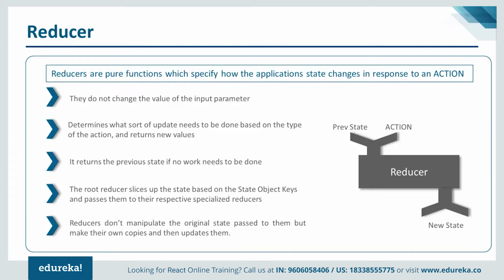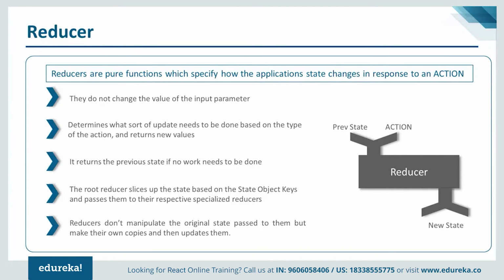First of all, this is a very important point to understand about pure functions. There are two types of functions: one is a pure function, another is an impure function. If a function is changing the value of the input data, those are called impure functions. But with Redux, and specifically with reducer functions, this cannot happen. They do not change the value of the input parameter. That's why they are called pure functions.